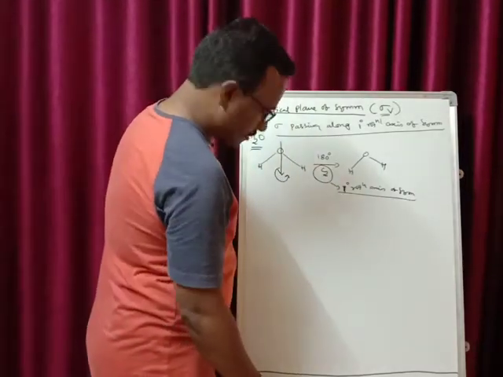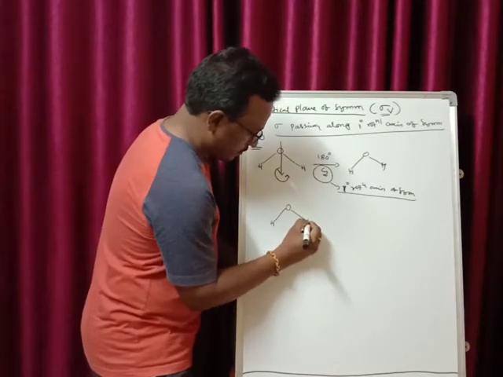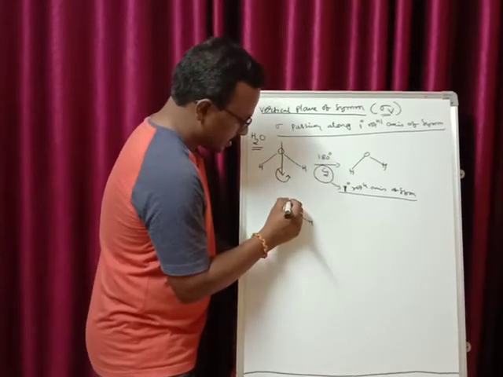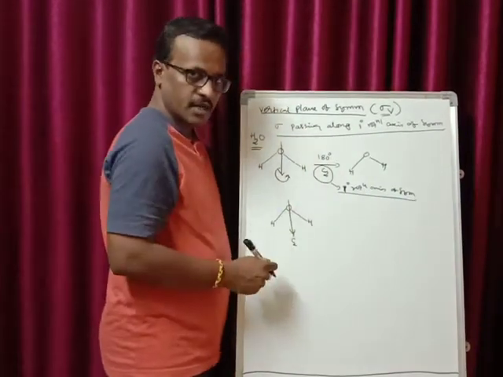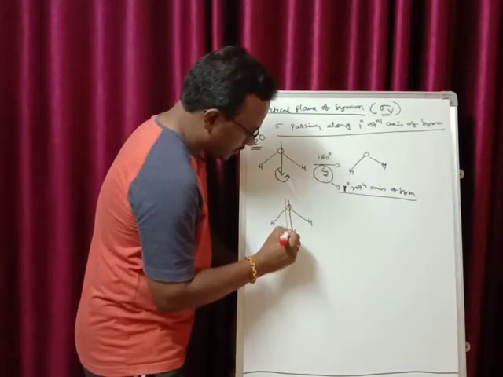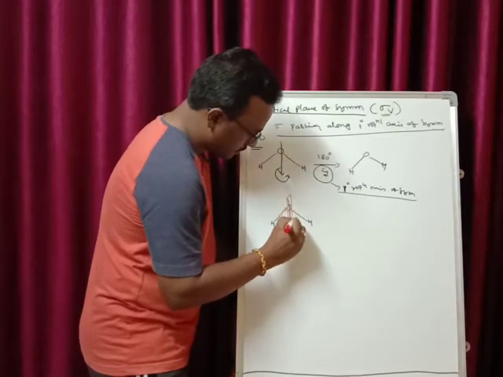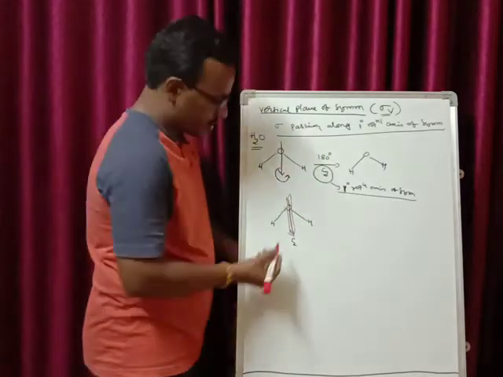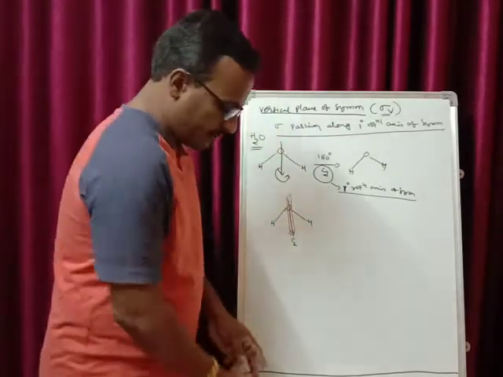Now if you look at the plane, the principal axis C2 passes through the center of the oxygen, and similarly the plane is also passing through the center of the oxygen. Now you can see that the rotational axis and the plane are both in the same direction.